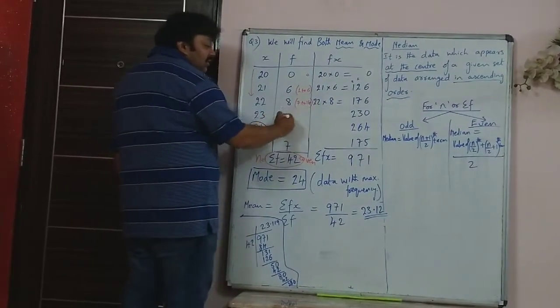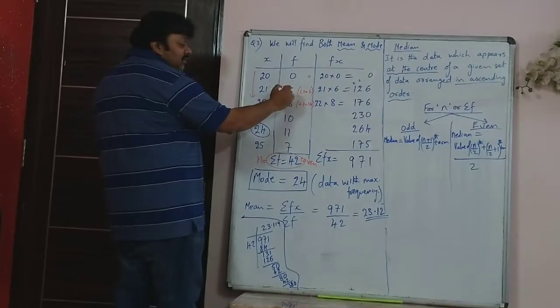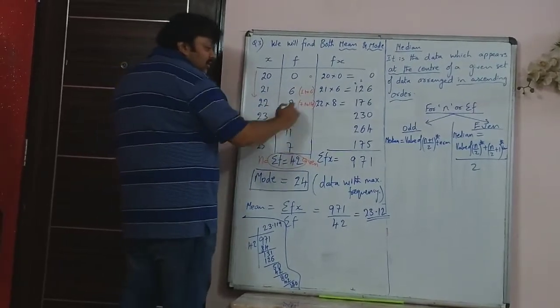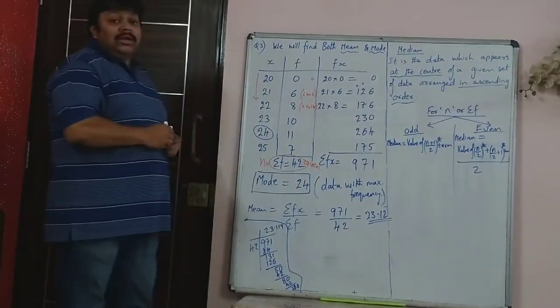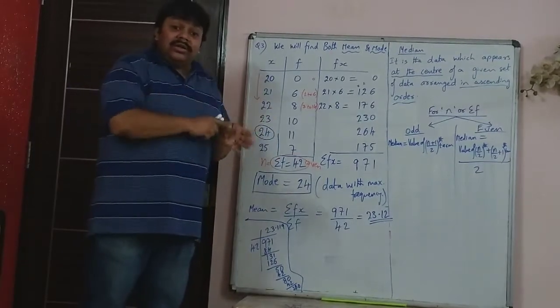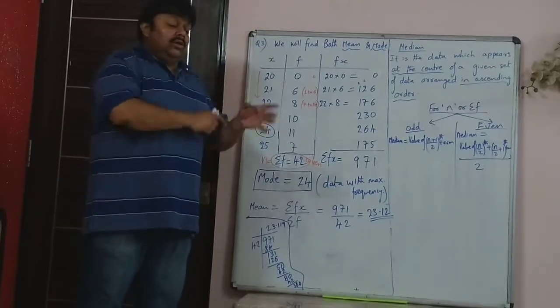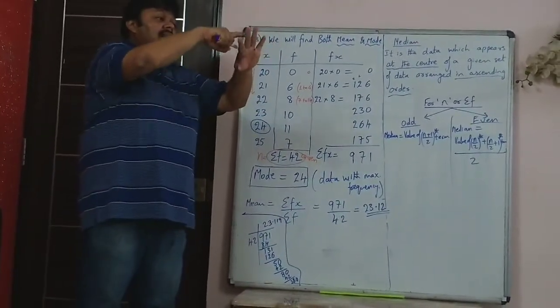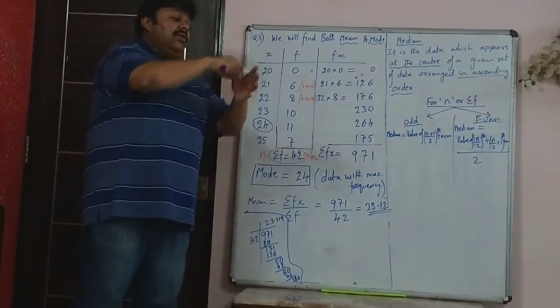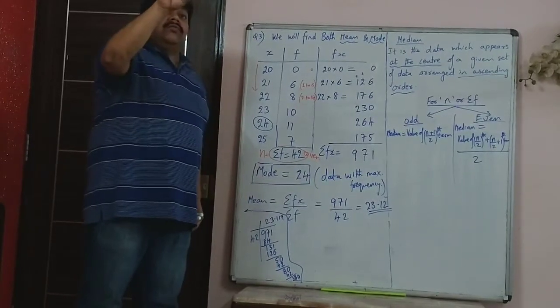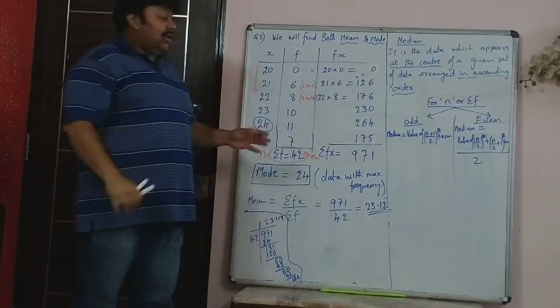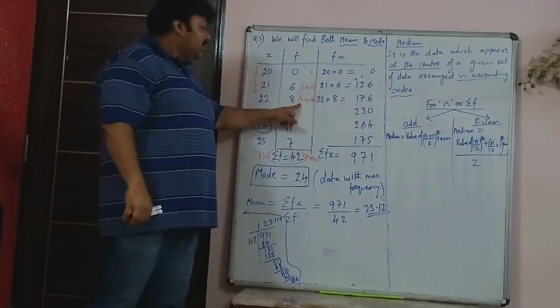The cumulative frequency would have been 0 plus 6 plus 8. That is 14. 7 to 14, how many people are there? It is not 7 people, it is 8 people. Why? You are including both 7 and 14. So 7, 8, 9, 10, 11, 12, 13, 14 is 8 people. And don't do 14 minus 7.